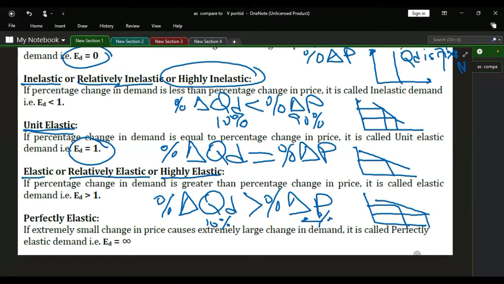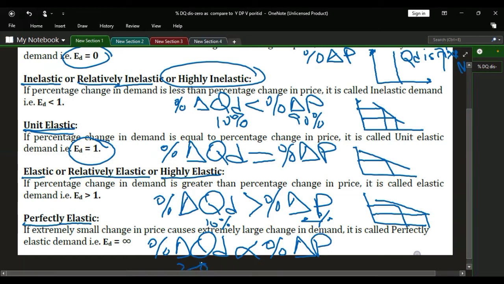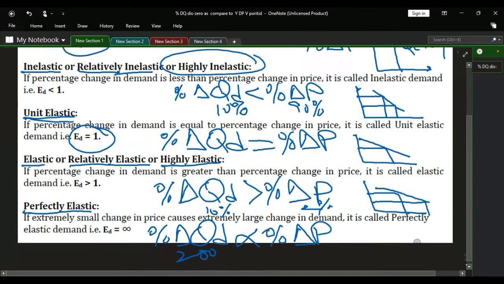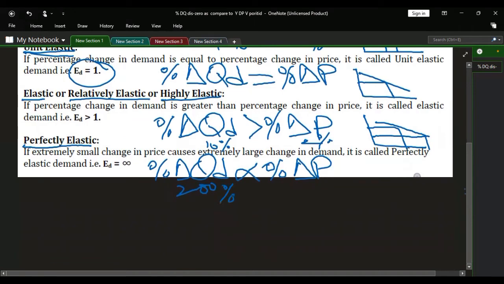Next one is perfectly elastic. Perfectly elastic means that the percentage change in quantity demanded is unlimited or indefinite or a very large change as compared to the percentage change in price level. For example, there is a 200% increase in the quantity and there is 2% decrease in price.